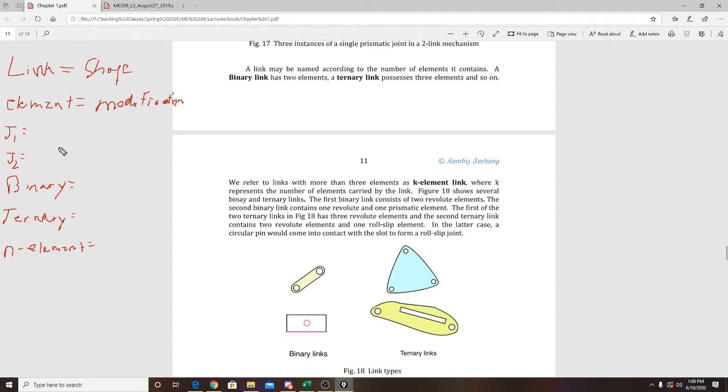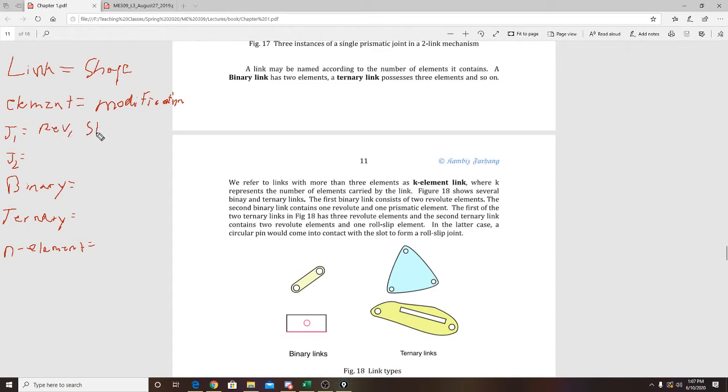What is a J1 type joint? There are 3 of them. Everything besides a roll slip, so I guess that answers it. So which ones are those, Jackson? So let's do revolute. I agree with that.